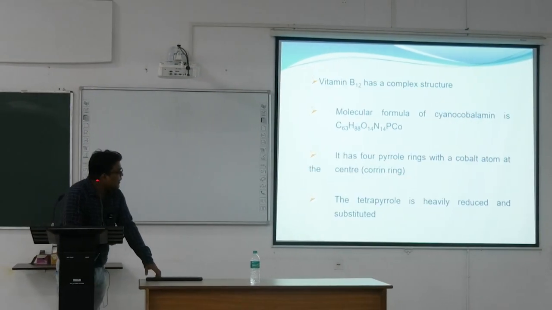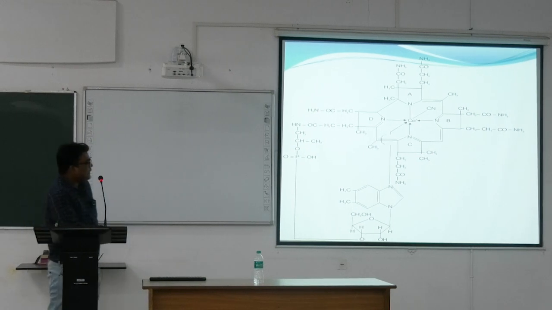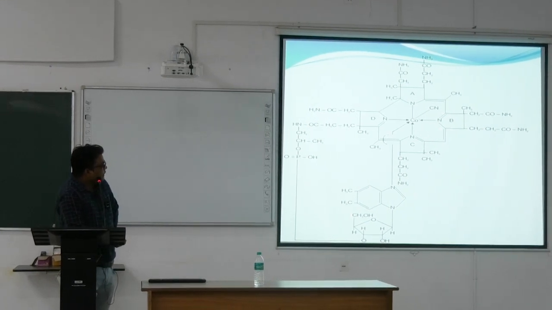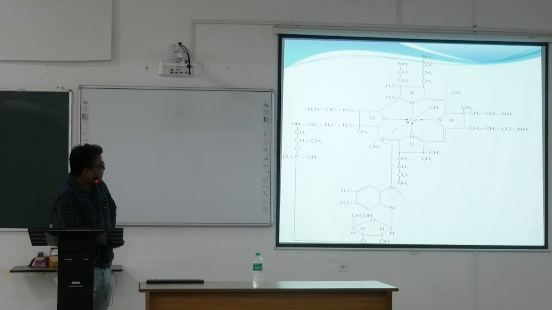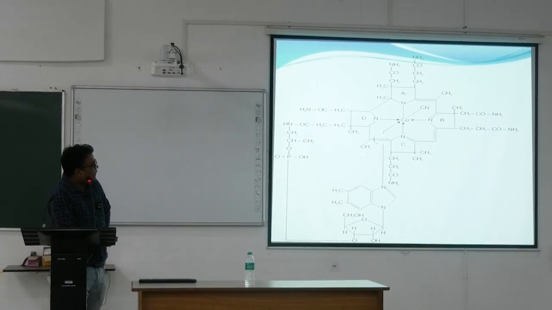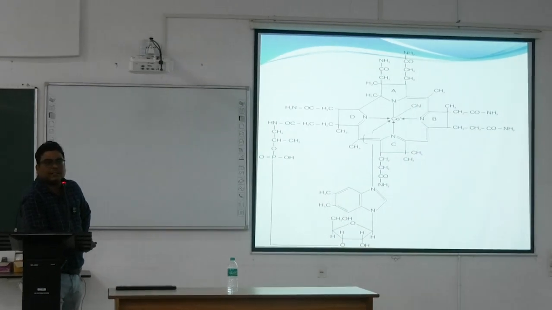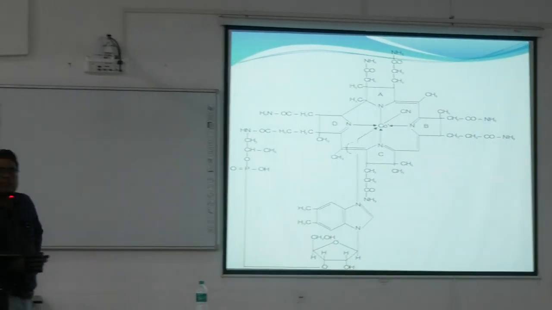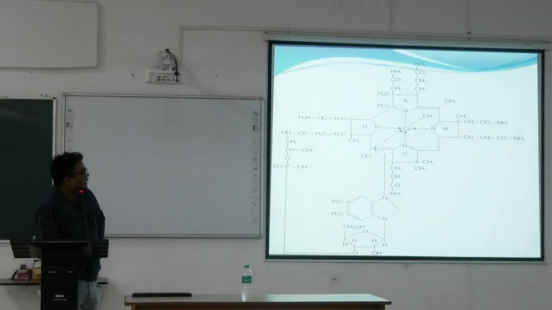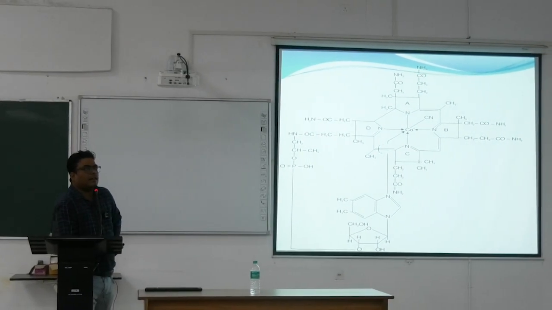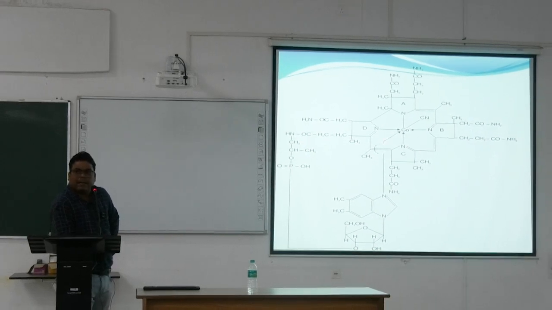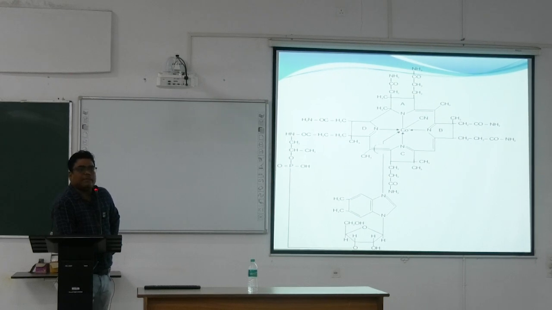Now we see directly the general structure of this vitamin. You will see cobalt is present at the center of this molecule. Okay, and there is attachment of a hydroxyl group here with this hydroxocobalamin. This structure is the same like porphyrin. It is like the tetrapyrrole ring, which is present in hemoglobin.